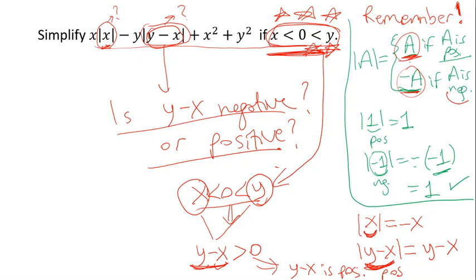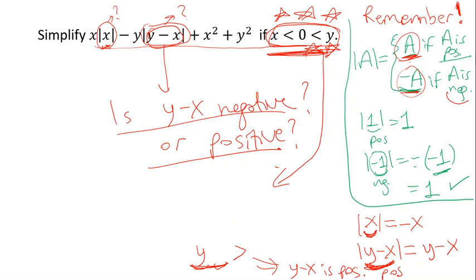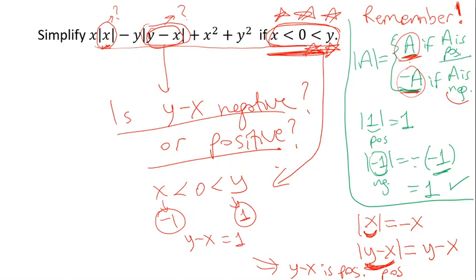Or if you didn't understand how this happens, one other thing is you can check this out by picking some numbers. You pick minus 1 for x and 1 for y, and then y minus x will be 1 minus minus 1, which comes to 1 plus 1, so you have 2. 2 is bigger than 0.